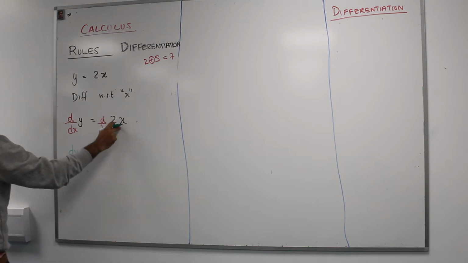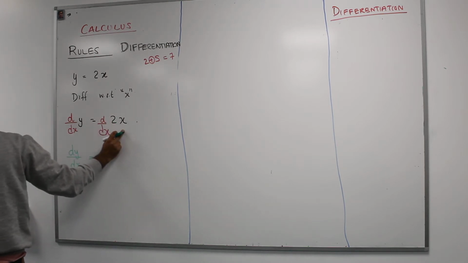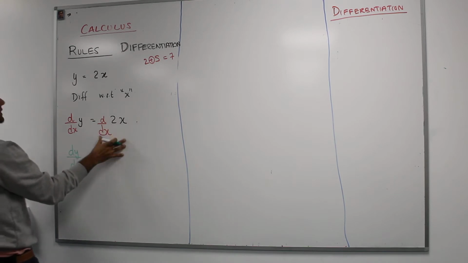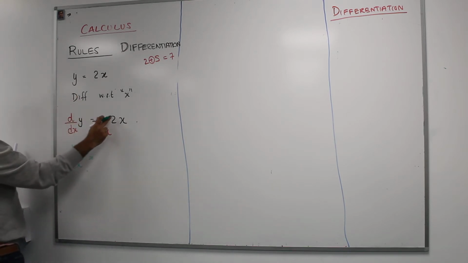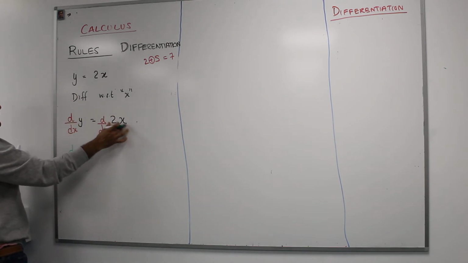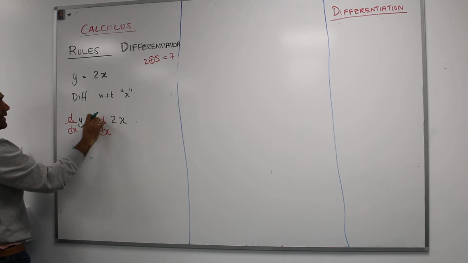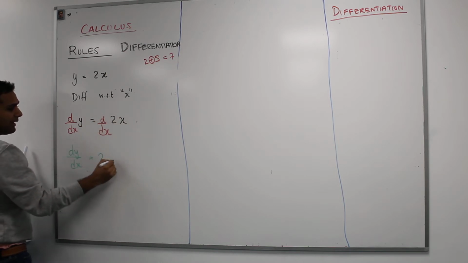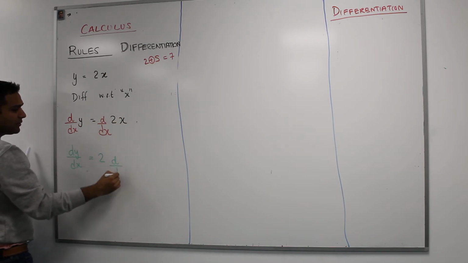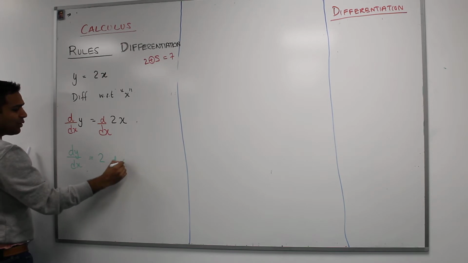The way it works here is there is a formula. I will do this example and then I'll do the formula. You cannot differentiate the 2x as is, because you cannot differentiate the constant that is attached to the x. So bring that one out. And then here you've got d over dx of x.